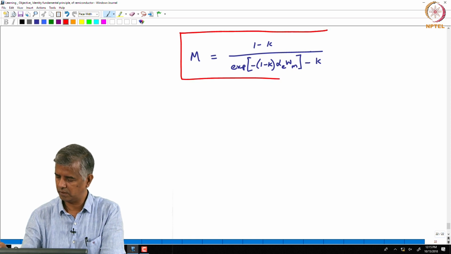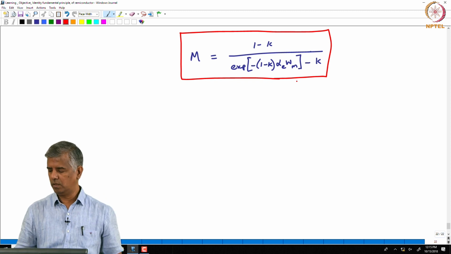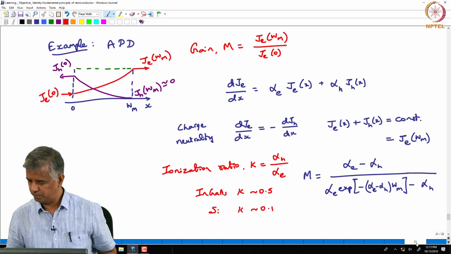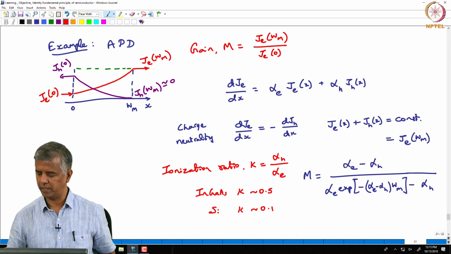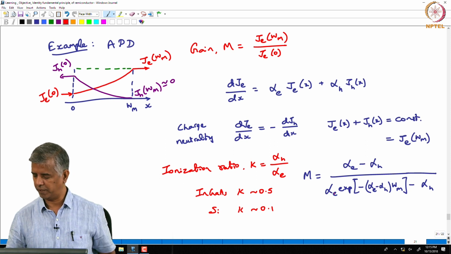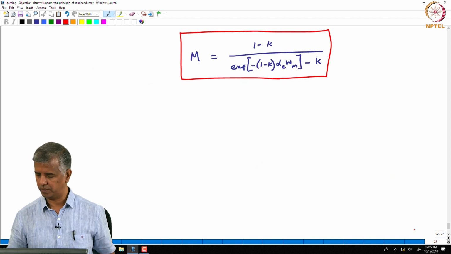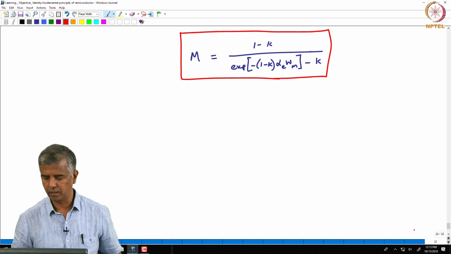All I have done is divide both the numerator and denominator by alpha e. So you get 1 minus k in the numerator, and in the exponent you have 1 minus k with alpha e, and the last factor is k. That is what we have written here.